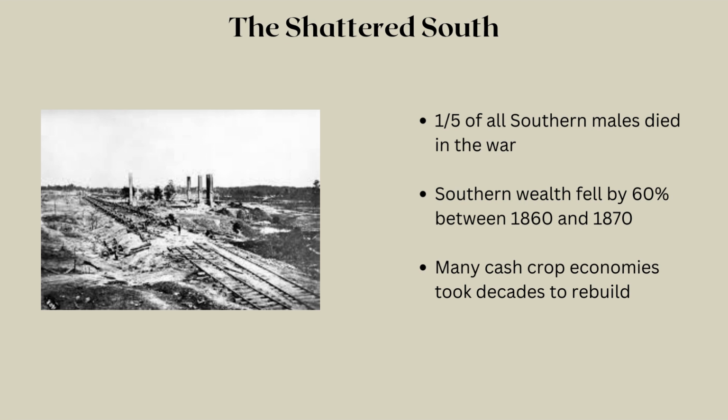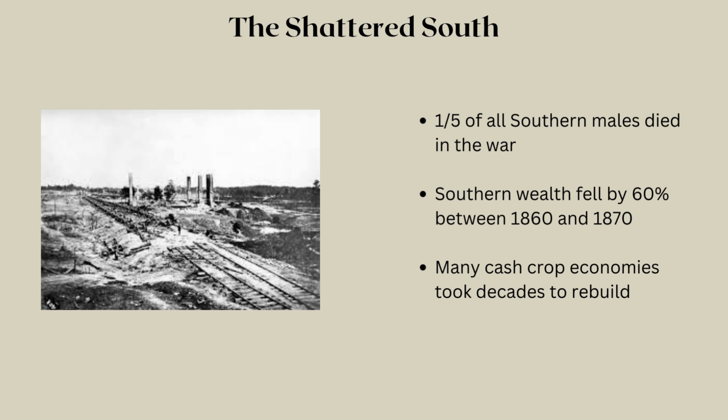Most of the South was non-industrial, it was agricultural. It was based on cash crop economies, predominantly, of course, cotton, but to a lesser extent tobacco, rice, indigo, those sorts of things. It took a long time for these cash crop economies to rebuild. Cotton does not recover to its pre-war levels until 1879, tobacco, 1880, sugar, 1893, rice, never.